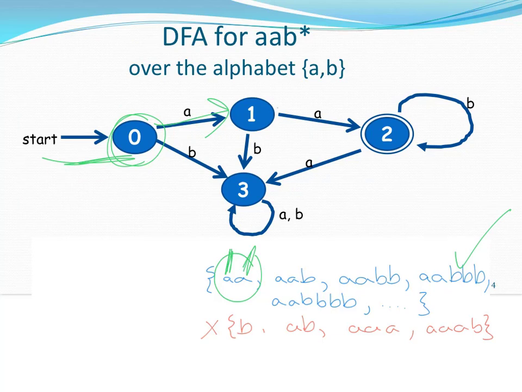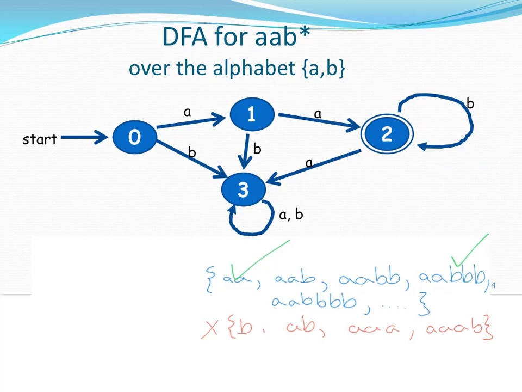We see the second A, so we transition to state 2. We're done our string, right? We've gone through every single symbol in our string. So now we look and we say, we ended up at a state that has a double circle, which means that I can also check off AA as being in our language. Okay?